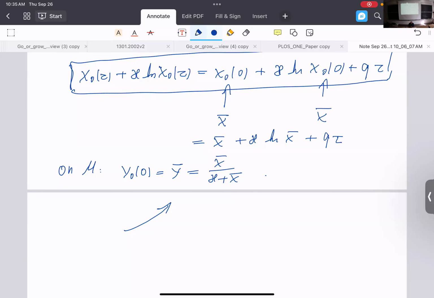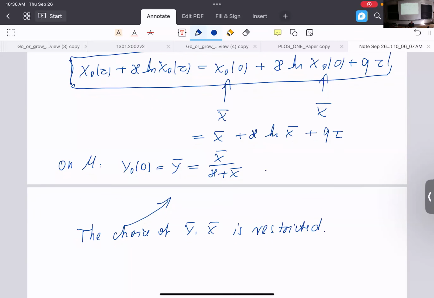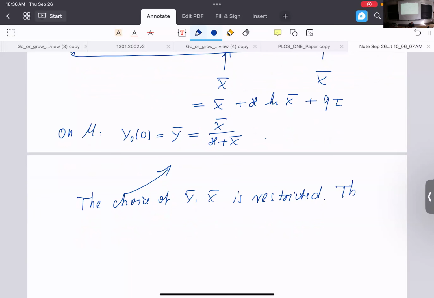We can either choose x bar or we can choose y bar, but we cannot freely choose both. And that's why it's called a singular perturbation limit.